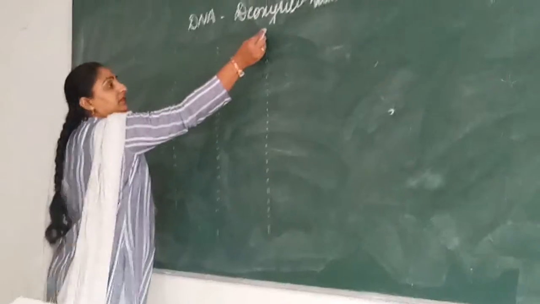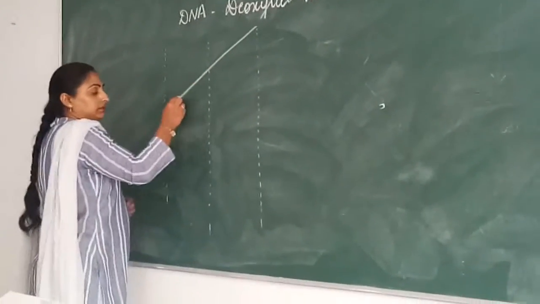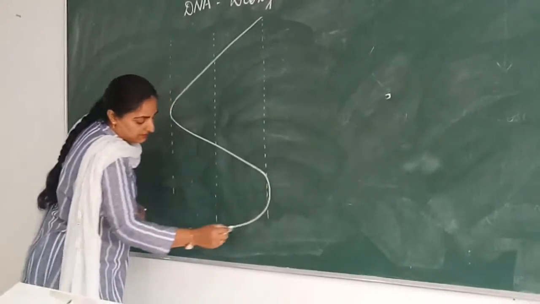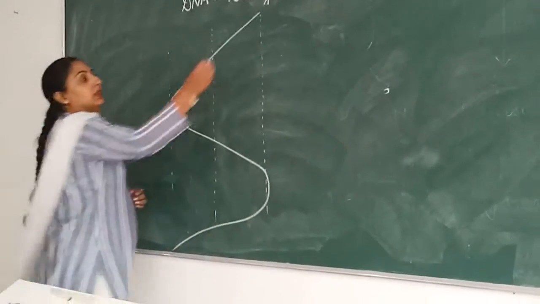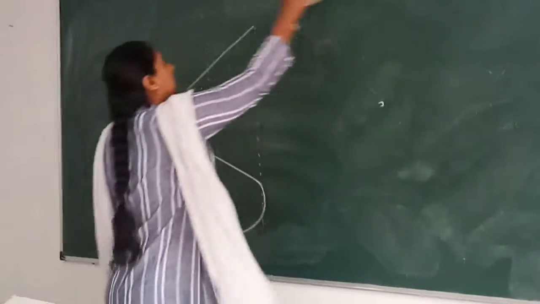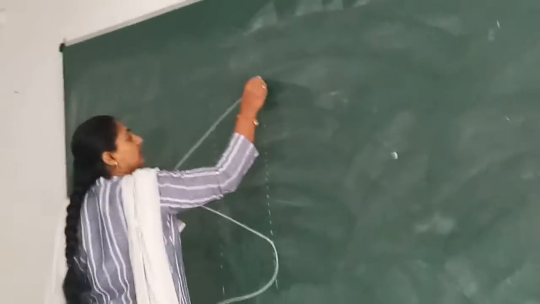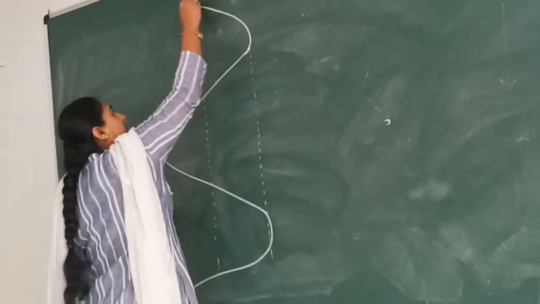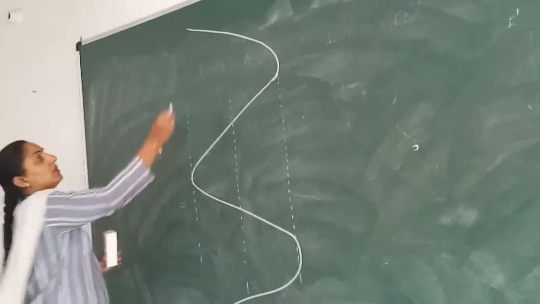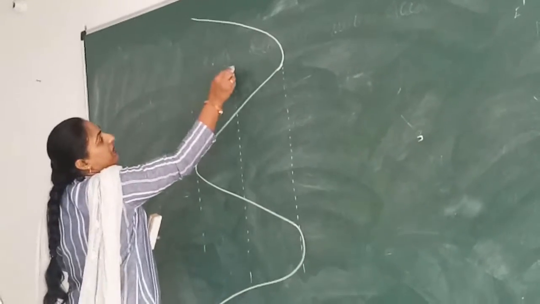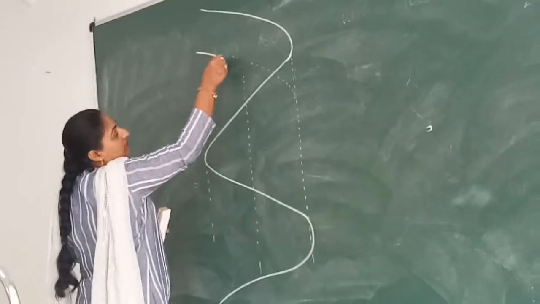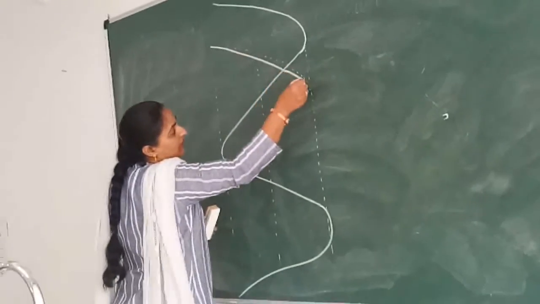Start from one side, give a turn, again give a turn, right? Now draw a line coming parallel to this. Again give a turn.